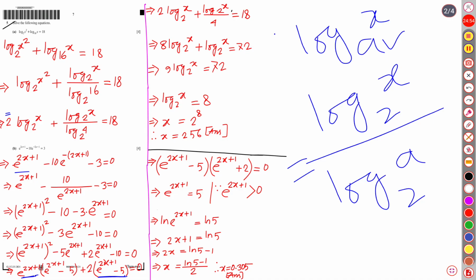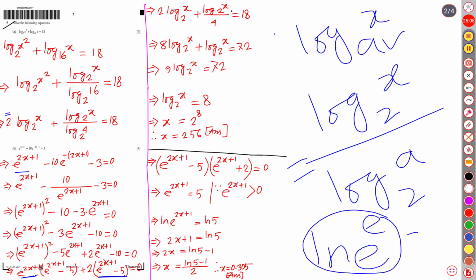And from the second question, we have learned that in the case of ln, the natural log, the base is e, and if the argument is also e, this is equal to 1.